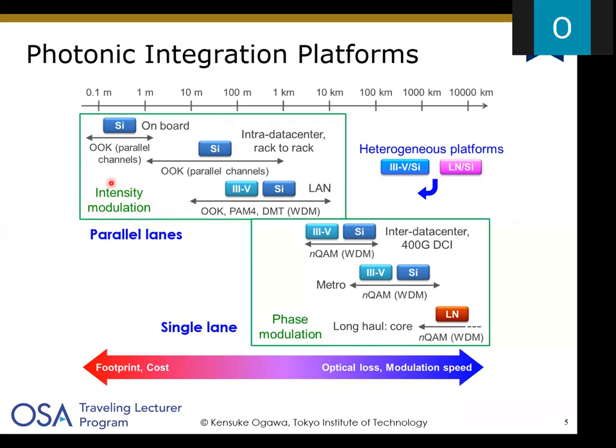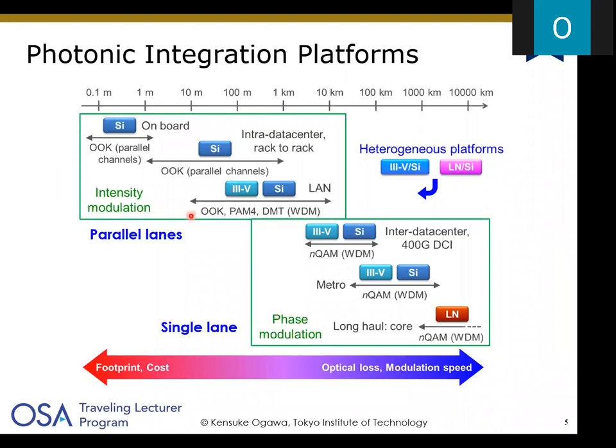One is intensity modulation, where optical power is turned on and off for data transmission. The other one is phase modulation, using the phase characteristics of the light waves in optical transmission. In a longer distance, phase modulation is preferred because of the high quality of the transmission.